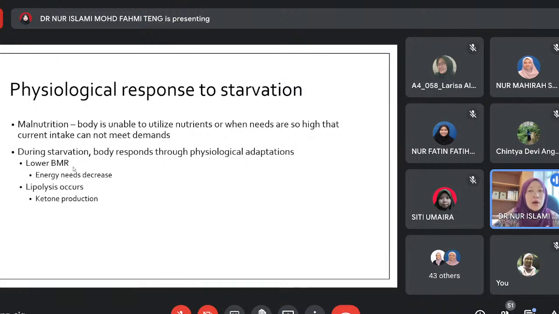So our body will adapt lah through the physiological adaptation. Among the adaptation is lowering the BMR, so the energy needs will decrease. So that's why bila kita jumpa patient yang undergo metabolic stress yeah, kita kena always reassess, perform nutrition assessment, reassess semula what is dia punya energy requirement. Is it high ataupun is it lower because of this physiological adaptations.